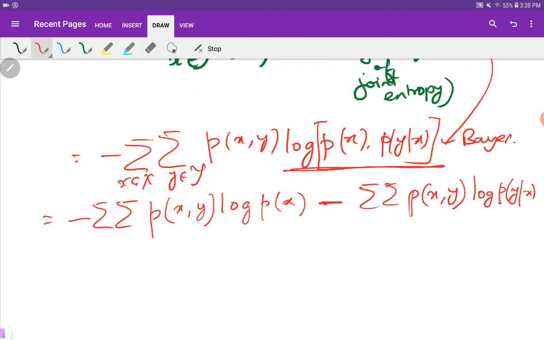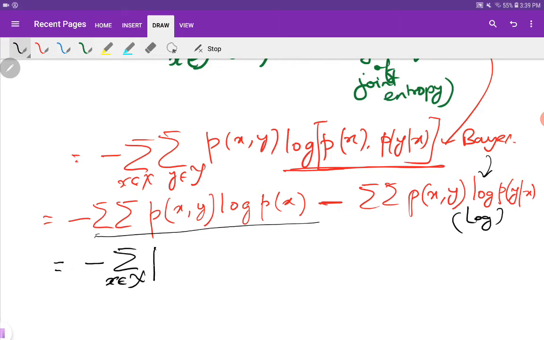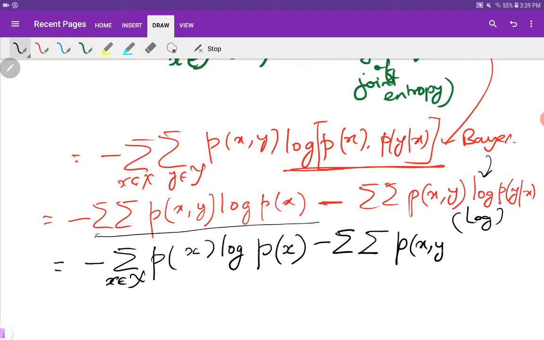Now if you look at the first part, this will actually be equal to minus the sum over x belonging to X of p of x log p of x, minus the double sum of p of x comma y log p of y given x.